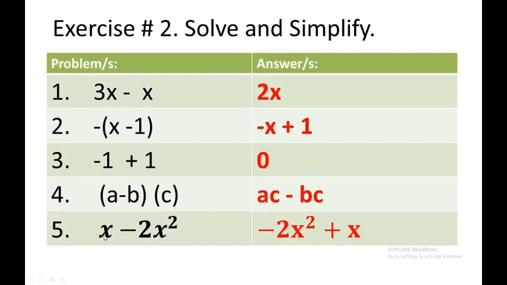We cannot combine these two because one is x squared and the other is only x. So all we have to do is arrange these two terms: negative 2x squared comes first, followed by positive x. Negative 2x squared plus x. I hope you've got all the correct answers.